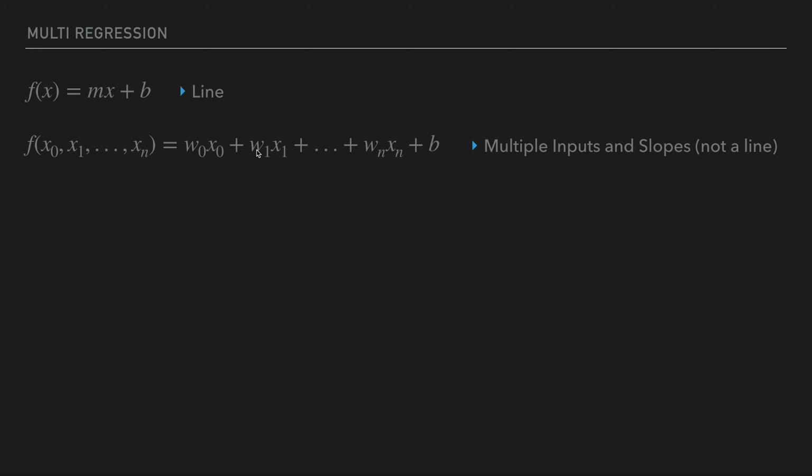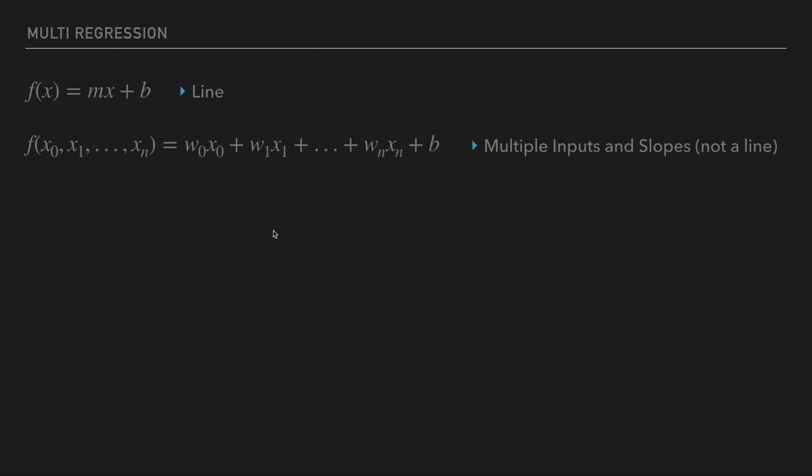If we have a very high weight for w1, then the input x sub 1 matters a lot, because its value will be greatly increased by this high product. So we go all the way to weight sub n, the nth weight, and the nth x. And we also have our b value here.